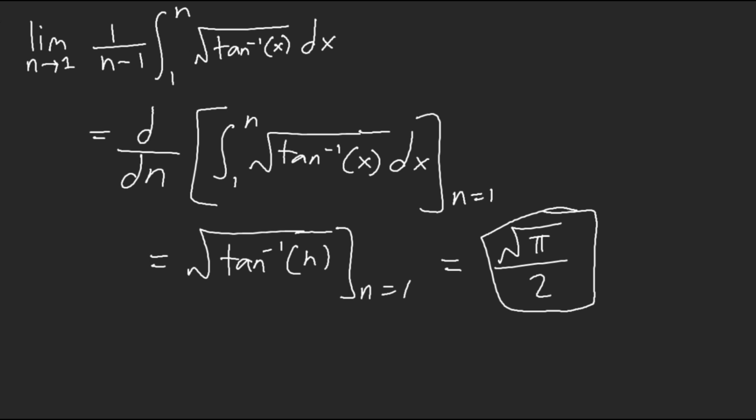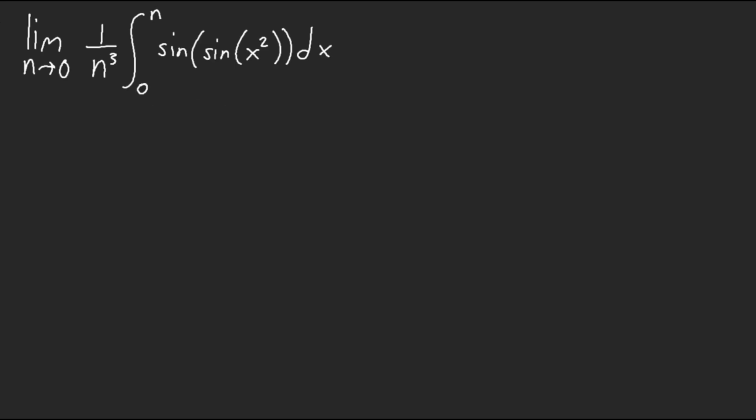Let's go ahead and do some more examples of these. Don't freak out. A lot of these limit integrals always look ugly, or monstrous, but they're not too bad, at least some of them.